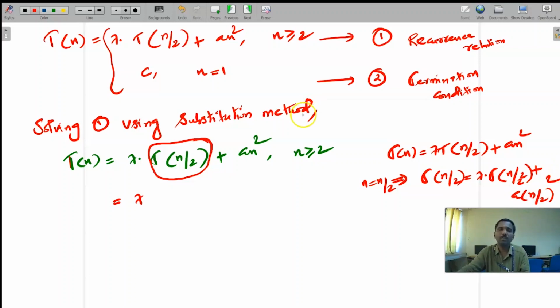So T of n by 2 is substituted using this equation: 7 into T of n by 2 power 2 plus A into n by 2 whole power 2.